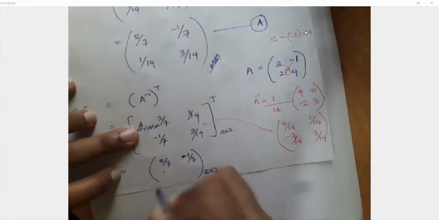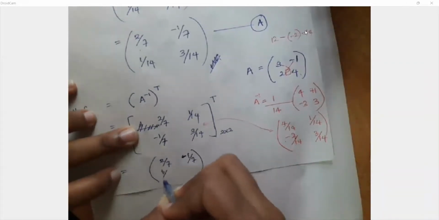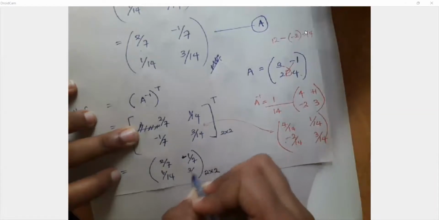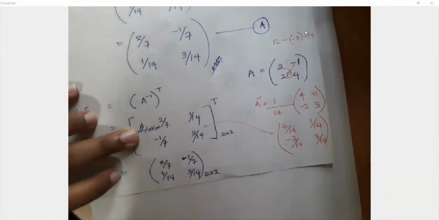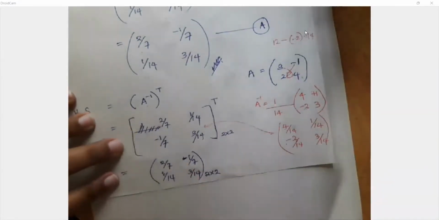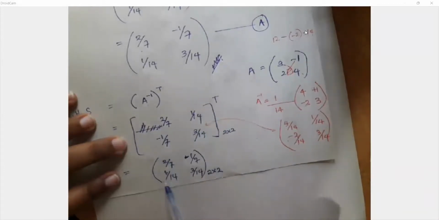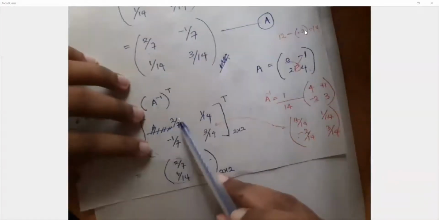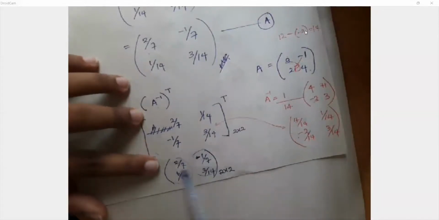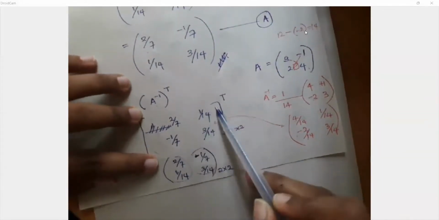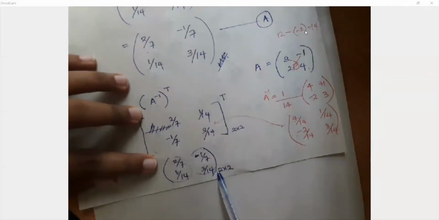Now see, take the first row, write it as a column. Take the second row, write it as a column. Or else you can take the first column, write it as a row. Take the next column, write it as a row.